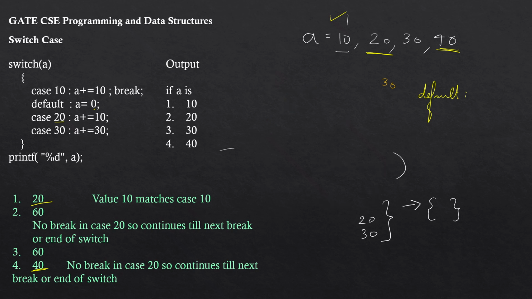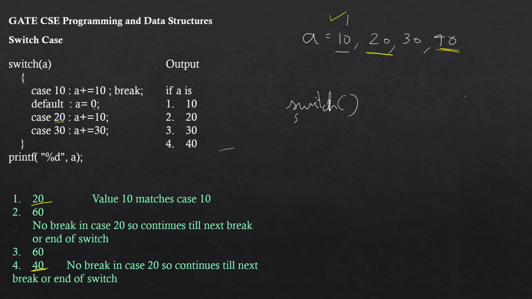Let's do a quick review of what we learned. So today we were learning about the switch case. Switch case is like the control flow, like the for, do, while. So switch takes inside one expression, or you can have some constant value. Like in this question, A is some constant 10, 20, 30, 40.